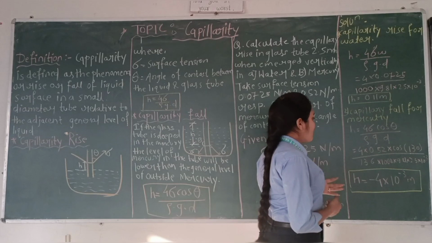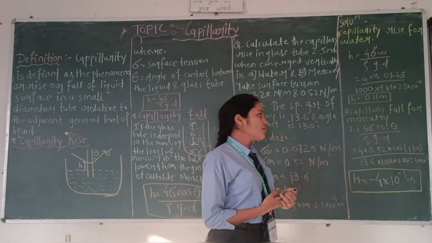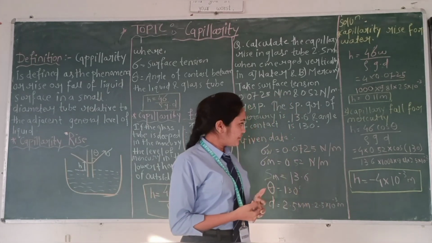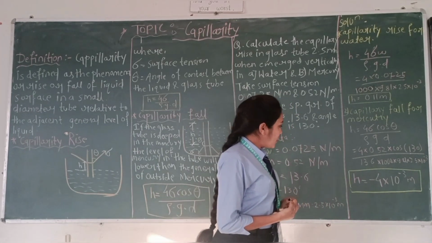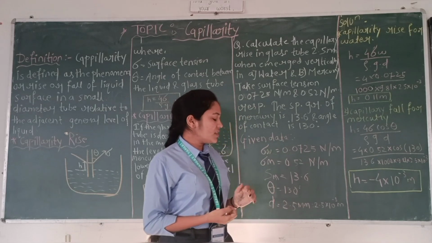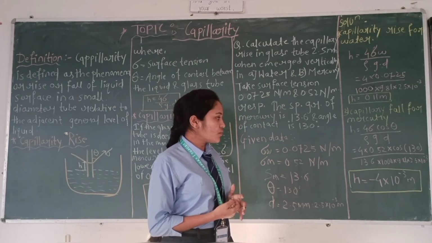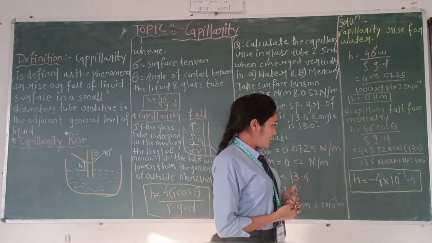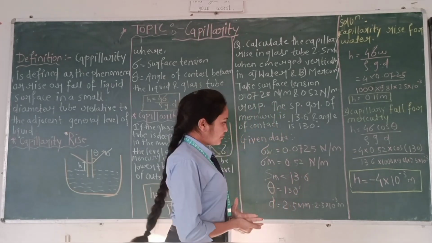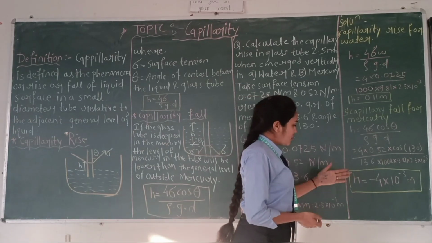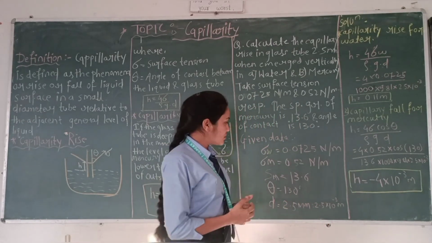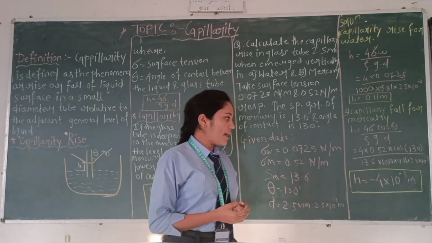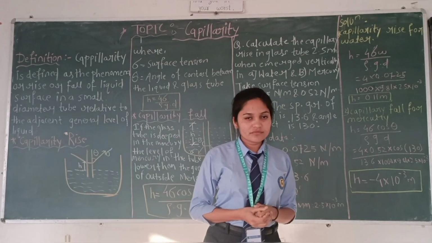Put the values: 4 into 0.52 into cos 130, divided by 13.6 into 1000 into 9.81 into 2.5 into 10 raised to power minus 3. Calculating, the answer is h equal to minus 4 into 10 raised to power minus 3 m. Thank you.